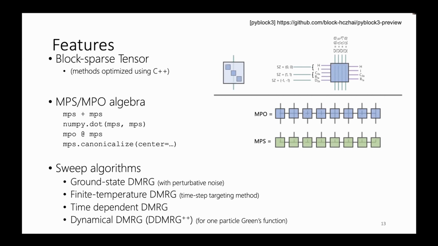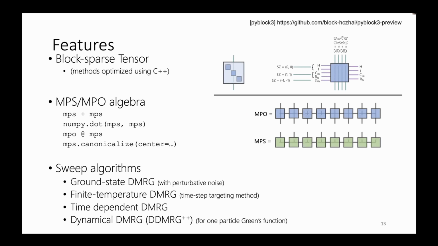The MPO and MPS implemented in PyBlock 3 can support most common linear algebra operations, where the MPO can be viewed as a matrix and MPS can be viewed as a vector. For example, the addition, dot product, norm, and SVD operation can be expressed in a way that is very similar to that for manipulating NumPy arrays. This will make it very easy for translating tensor network graphs to the code.